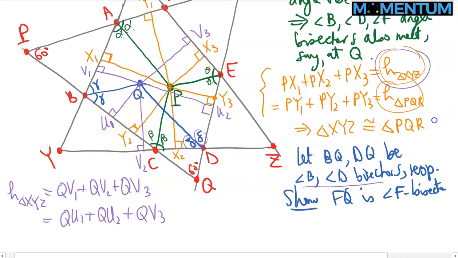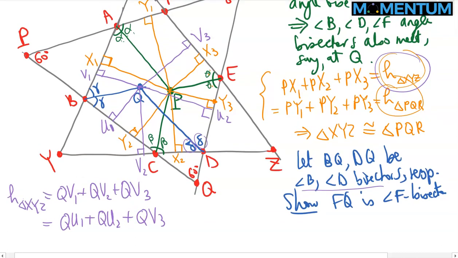But wait, earlier we suggested that if you look at the altitude of triangle PQR, it was given as such, right? Actually, we don't even need that.